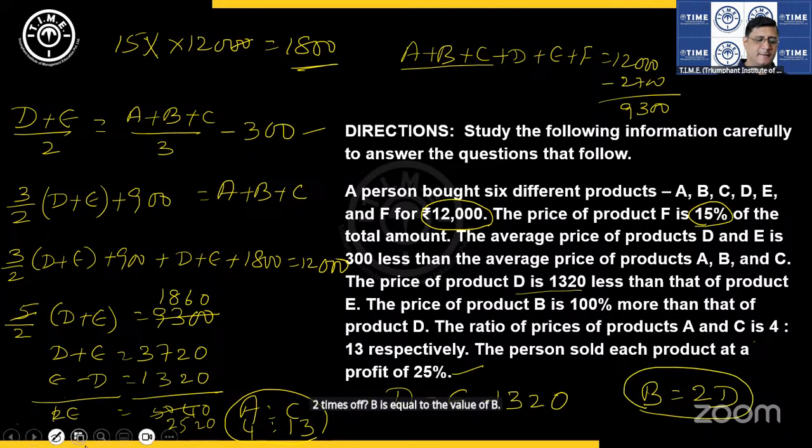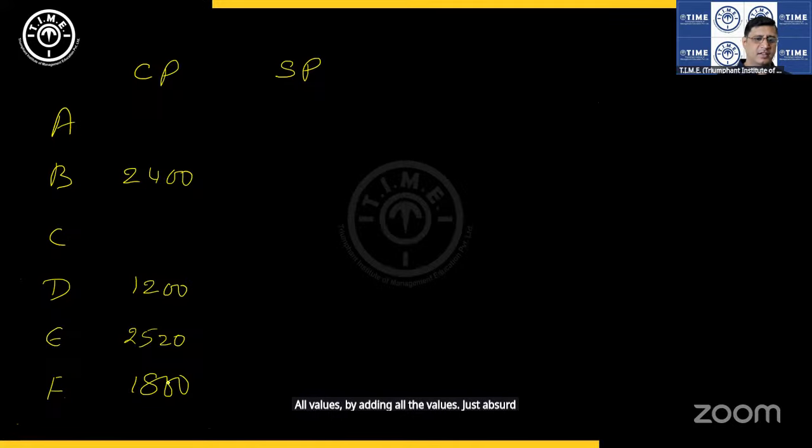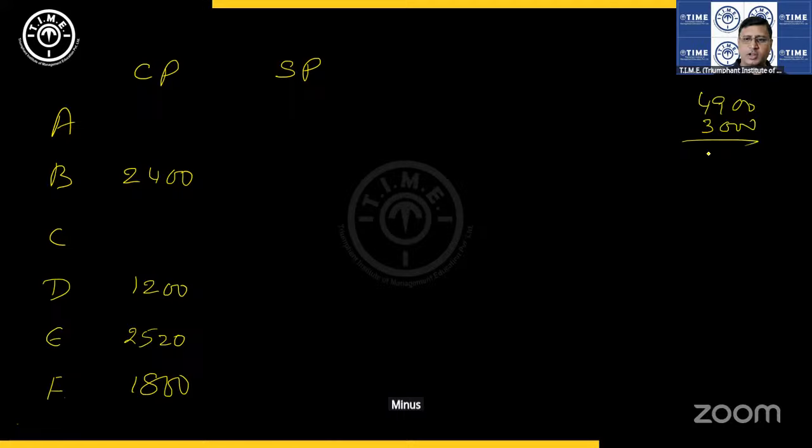Now, what next here? Next, the A and C values are to be found. By adding all the values, just observe, I'm adding all the values. 1200 plus 1800, that is 3000. 3000 plus 2400 plus 2520, 4920. 4920 plus 3000, that is 7900.